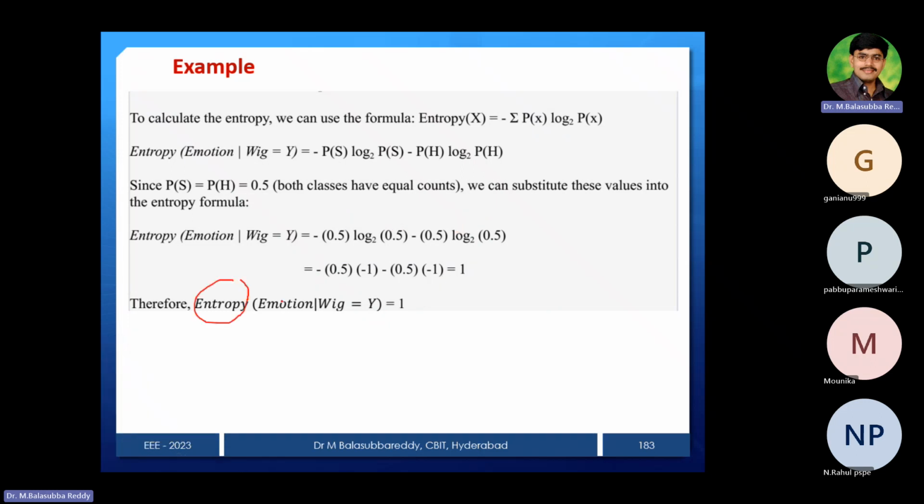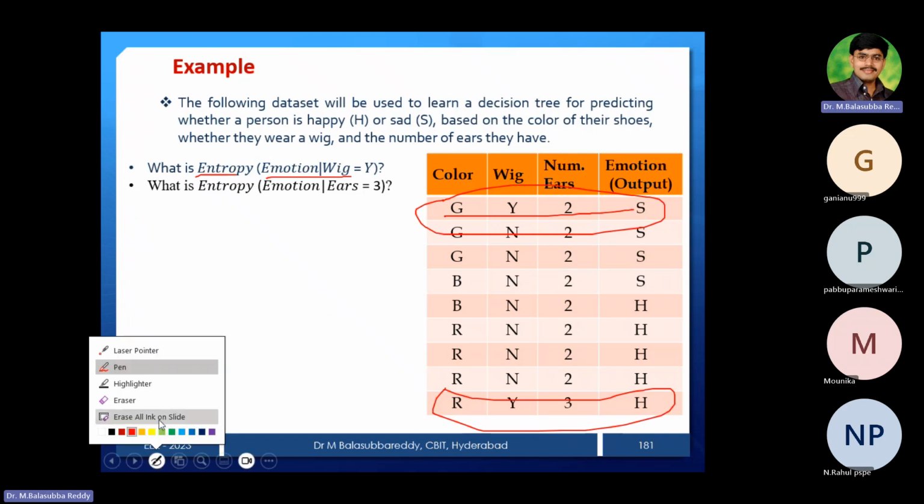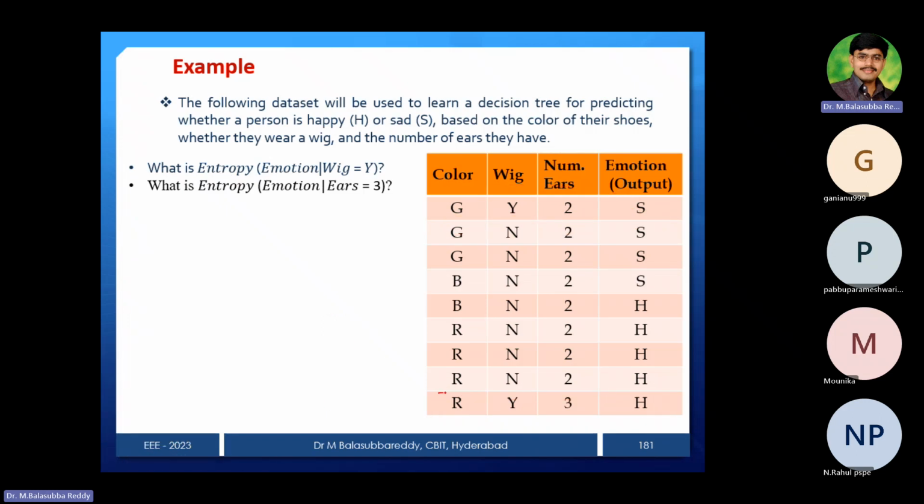Entropy calculated: emotion with wing is yes, in that case you got entropy is 1. Similarly, what do I have to find next? Entropy of emotion with years are 3. In years are 3, only one case is there. So for years are 3, you write it outside this, and we'll calculate the information gain.